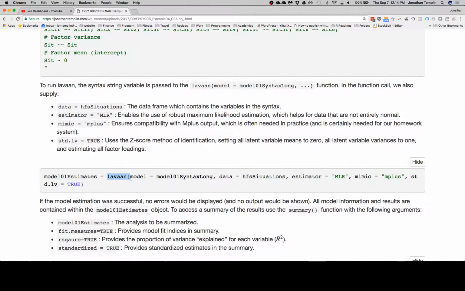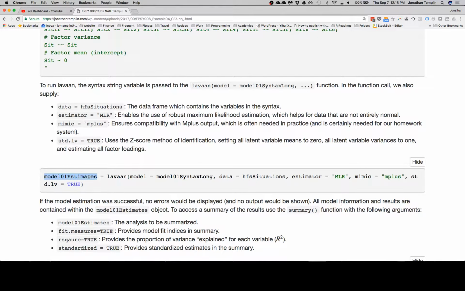Anyway, so this lavaan function, what happens is we call this function, and we set the result equal to some other variable called model 01 estimates. And since you're familiar a little bit with R, you used R in which classes? Multivariate, was it? Right? In regression. Yeah, so in regression, you create your regression model, you'd have lm, and you'd set it equal to a variable.